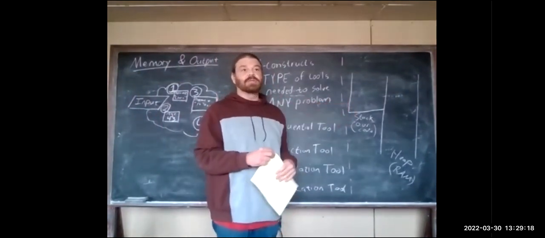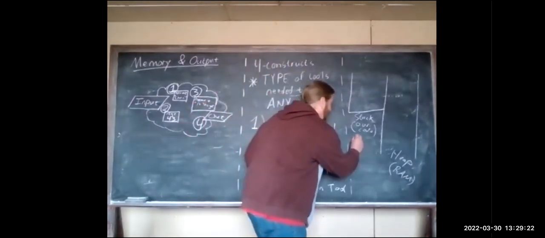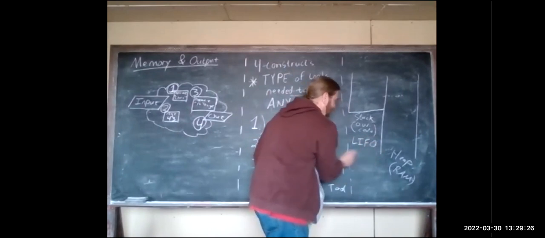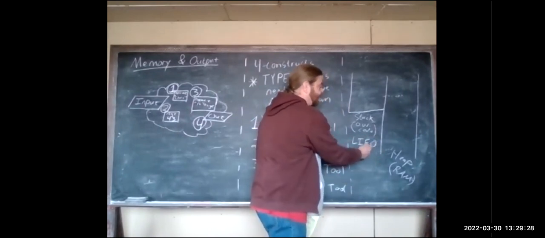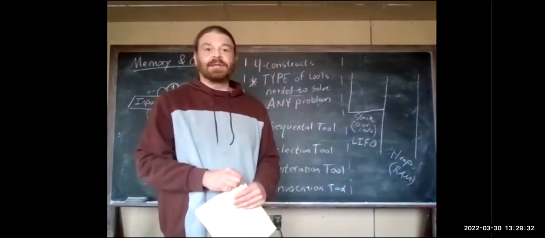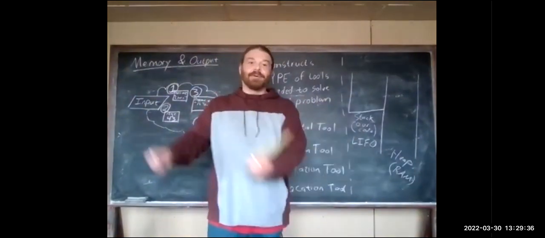Computers work in stacks, which is a last in, first out data structure, to say it technically. The standard example is the plates in our cabinet, right? We eat dinner, and after dinner we wash the dishes.